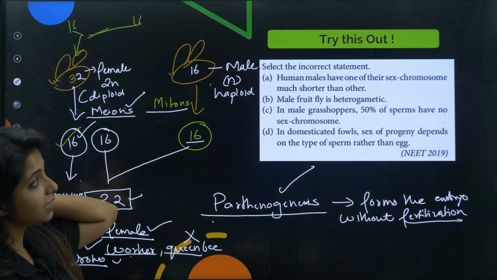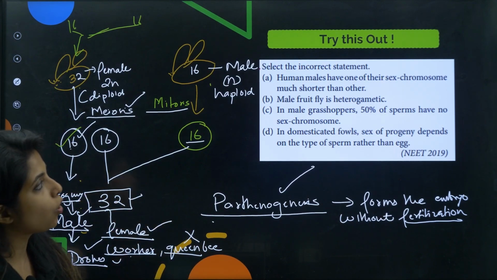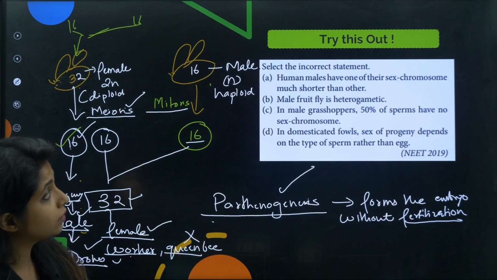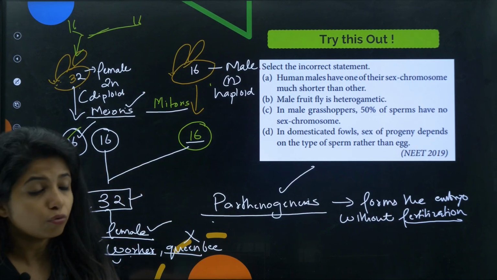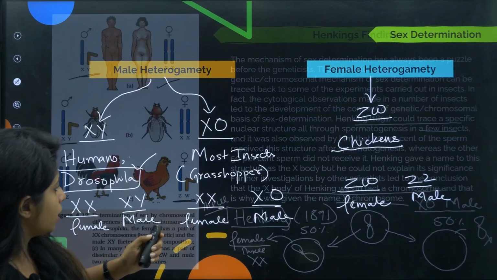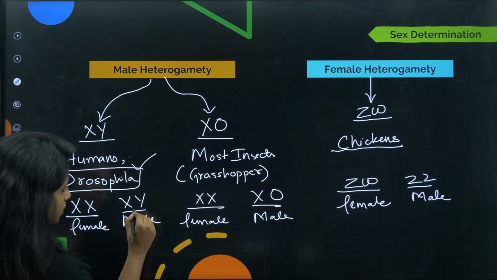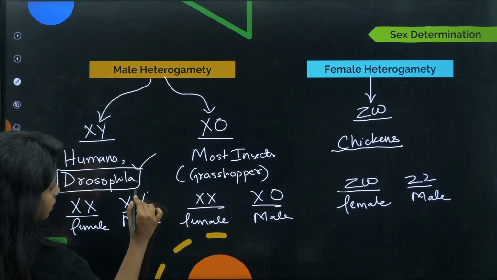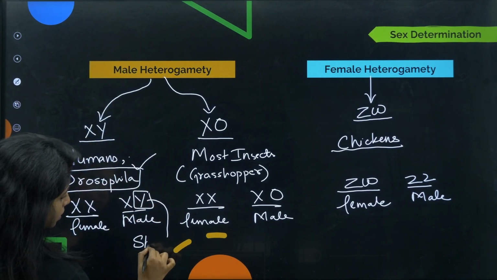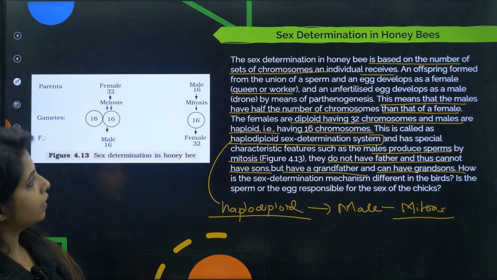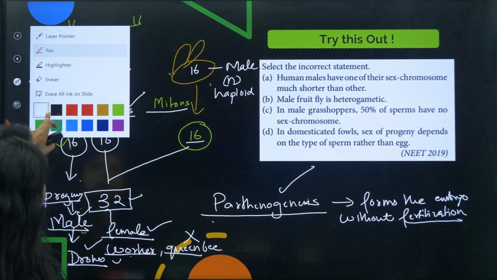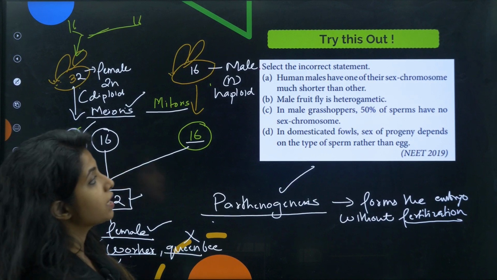Now, select the incorrect statement. Human males have one of their sex chromosomes much shorter than the other. Yes, it's true. The Y chromosome, which is there in the case of males, is short. Next, male fruit fly is heterogametic.